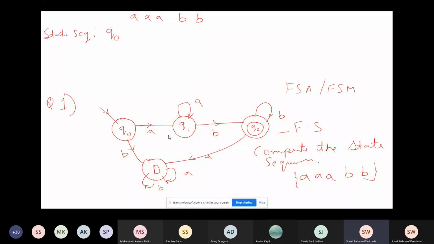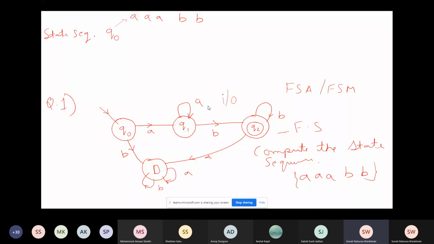Now check the diagram over here. In the diagram, you have to check in this way. Q naught A. One more thing to notice here is that you don't have to represent the input. You just have one output state. This is the difference between the state diagram and state transition diagram.